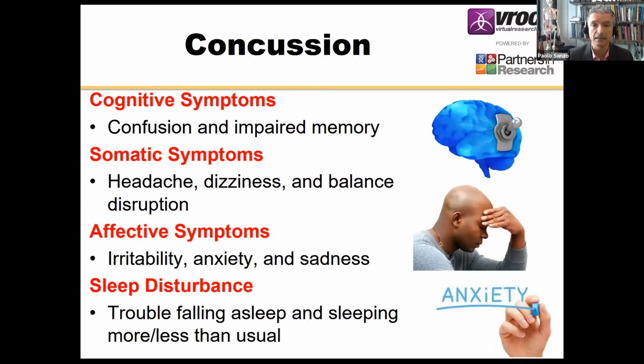That is, the individual might feel confusion, they can't remember things, their head might hurt, they might feel dizzy and have some balance issues. They might feel very irritable and frustrated that they can't do what they normally would. They might also be sad in some cases. They can't participate with their friends or their teammates or their family. And this sometimes leads to trouble sleeping. In some cases they sleep all of the time, or in some cases they can't sleep at all.